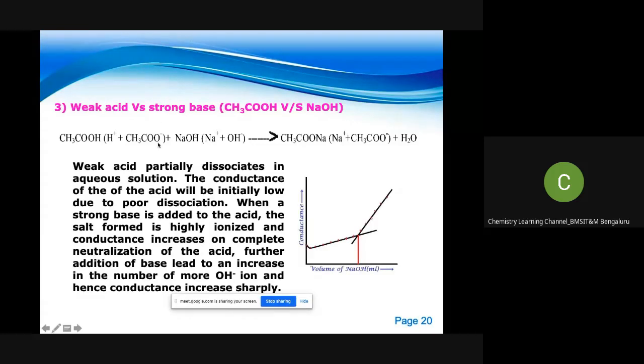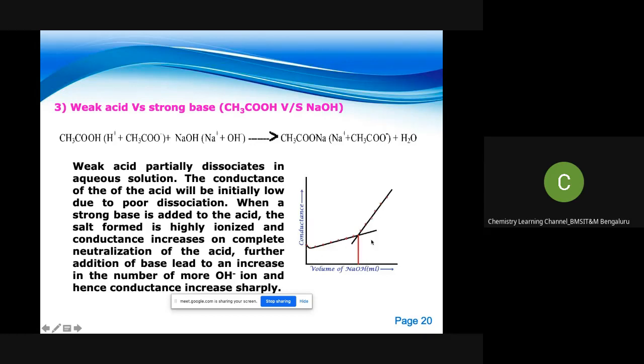But when we add NaOH to acetic acid, a salt is formed which is ionizable, that is, sodium acetate can ionize into Na plus and CH3COO minus, and hence with the formation of this salt, the conductivity value will go on increasing slightly. And once the acetic acid is completely neutralized, as we are further adding NaOH, the OH minus ions increase in the mixture, hence the values of the conductivity will go on increasing.